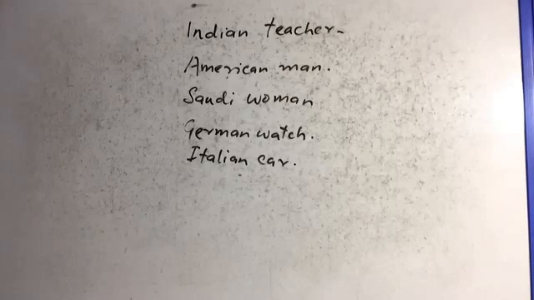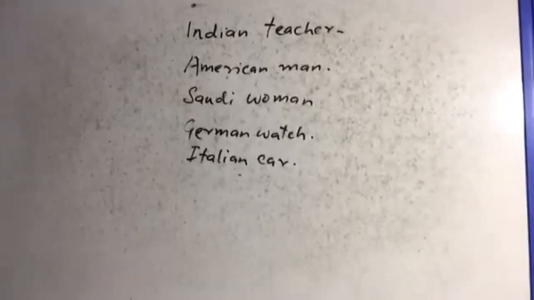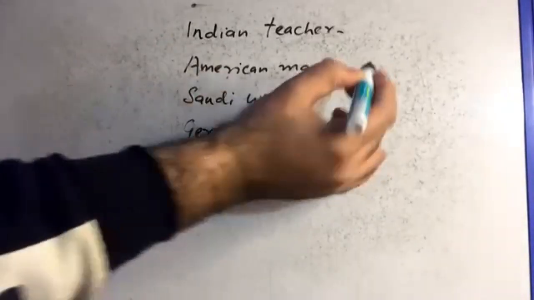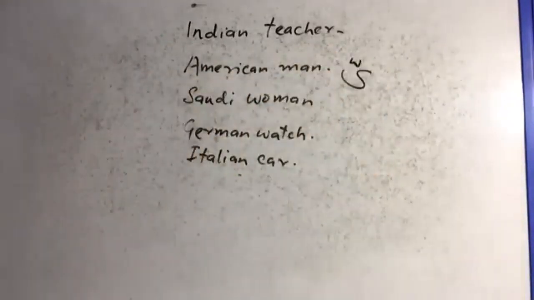So what you simply do is take the name of the country and add ya to it at the end with the tashdid, with a shadda. That's it. In some countries, for example, if there is a country whose last letter is an alif, the alif drops in those cases.